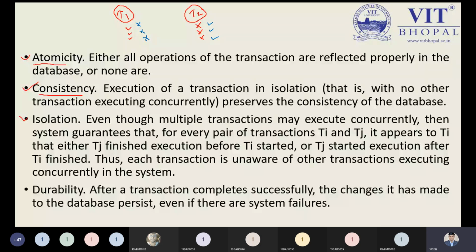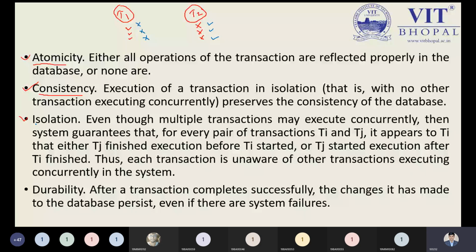When transaction T1 is executing, transaction T2 will not execute, and when transaction T2 executes, then transaction T1 will stop for a while. So this is isolation. Once the transaction is completed, then another transaction will be started.